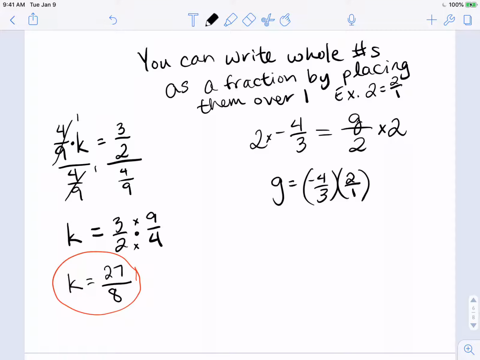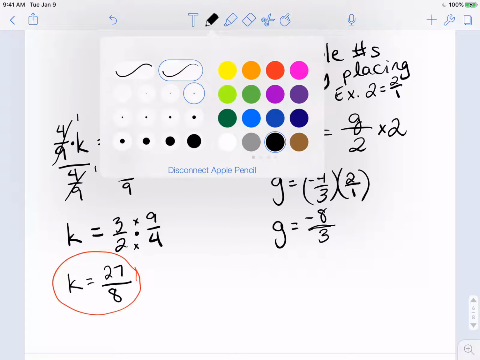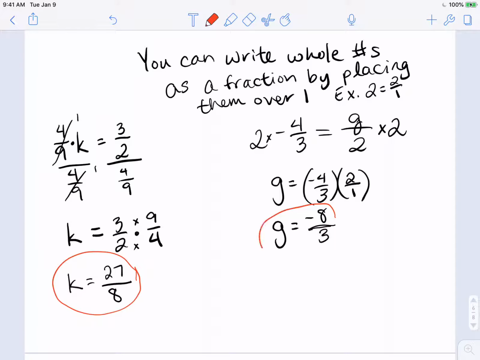So now you just multiply the two fractions the way you would any other set of fractions. So you multiply the numerator by the numerator, and you get -8, and the denominator by the denominator, and you get 3, because 1 times 3 is 3. So that's not too bad.